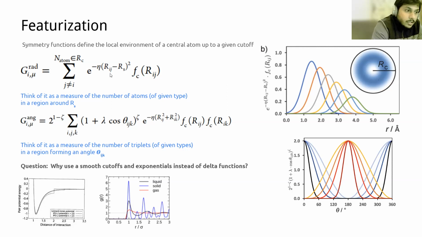All right. Now, if you do this, what you're really doing here is that you're asking around a central atom I, how many triplets are possible.